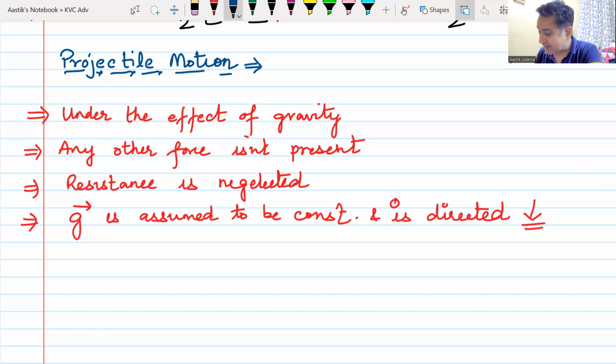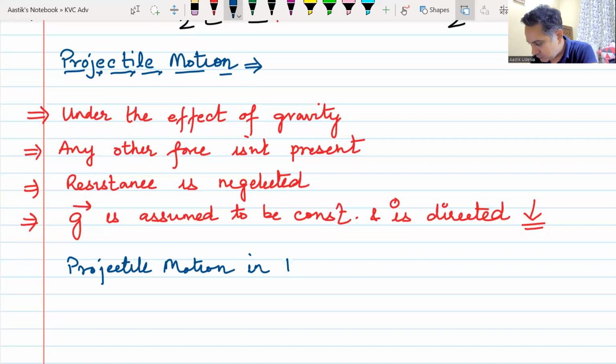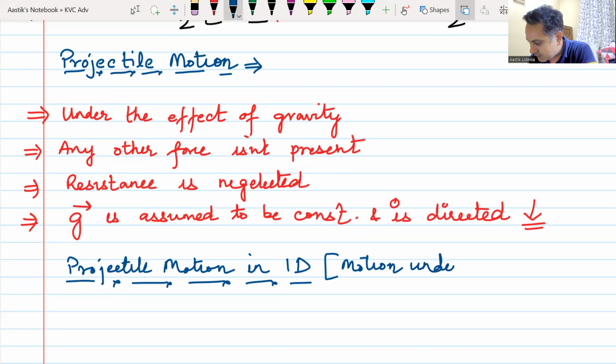So I can write the next heading as projectile motion in 1D. This projectile motion in 1D is nothing but motion under gravity that we had done. We have already done that.